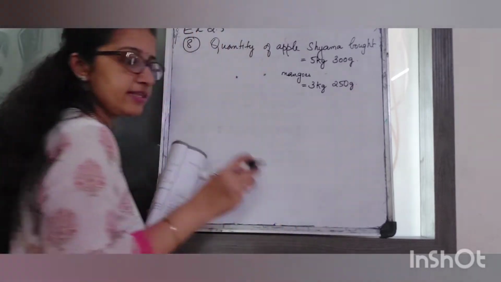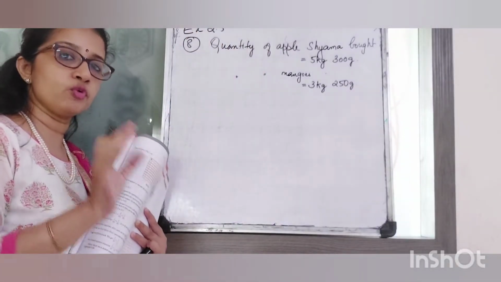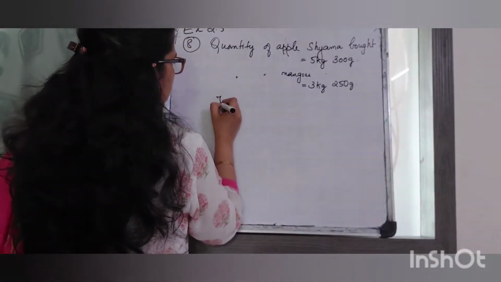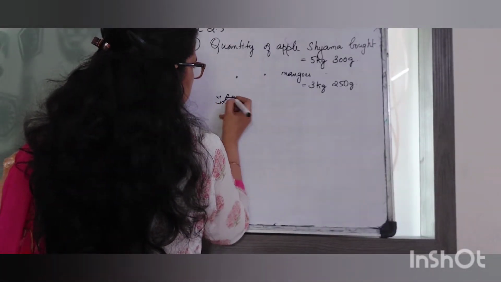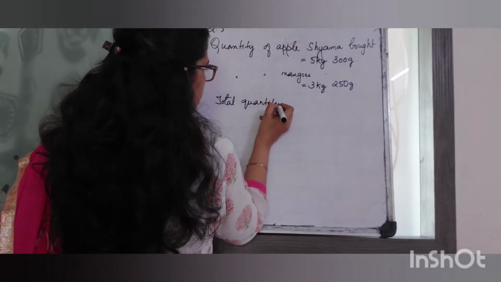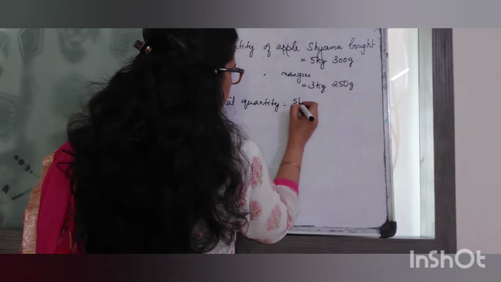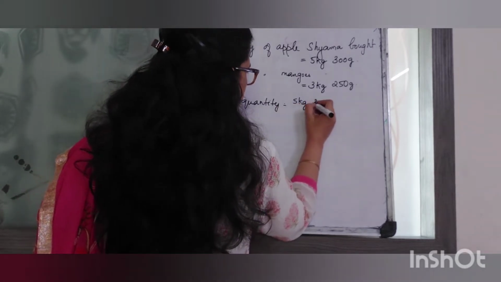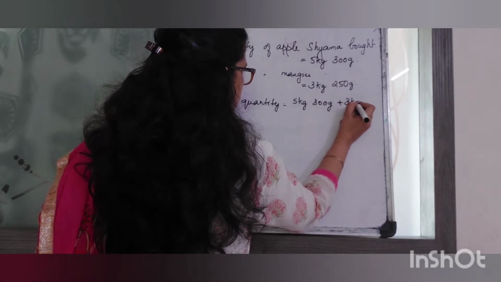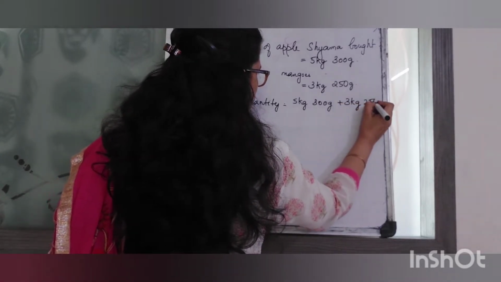So first let's see how much is the total fruits which Shyama bought. So the total quantity of fruits is equal to 5 kg 300 grams plus 3 kg 250 grams.